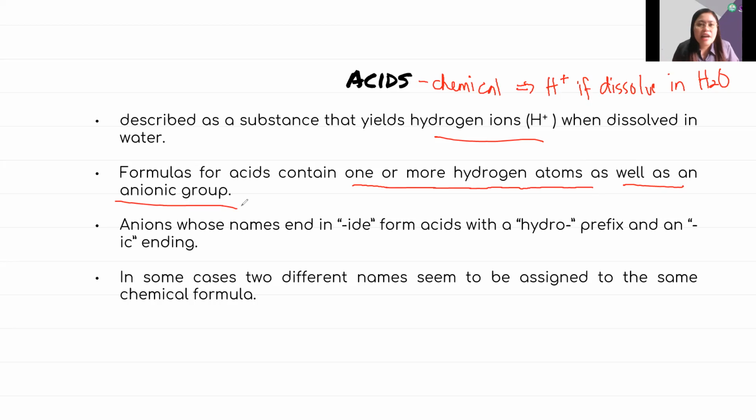So, naay sariling guidelines when it comes to the acid. So, unsa ang guidelines ani? Anions whose names end in IDE forms the acid with a hydro prefix and an IC na ending. So tagaan ta mo ug example like this one, HCl.